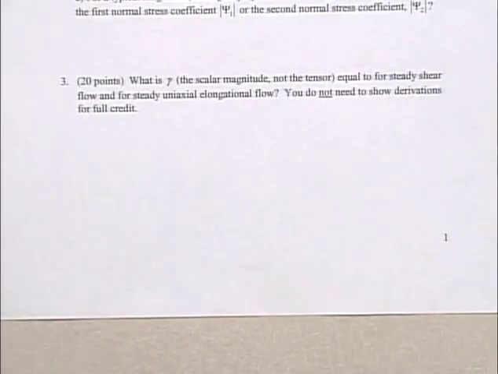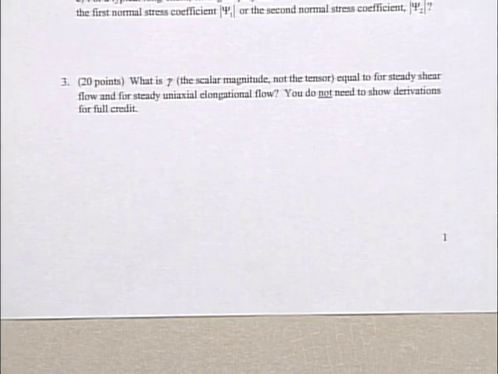Okay, number 3. What is gamma dot, the scalar magnitude, not the tensor, equal to for steady shear flow and for steady elongational, uniaxial elongational flow? You do not need derivations for full credit, it says there as well.